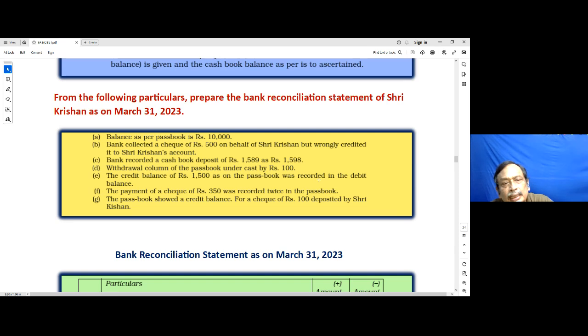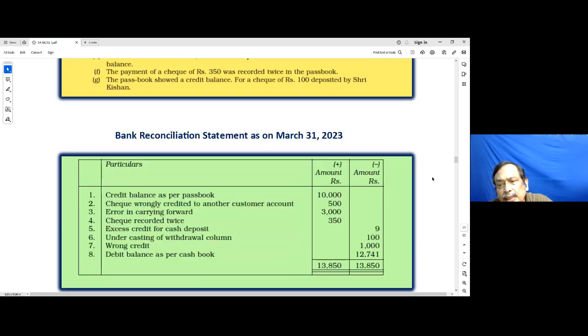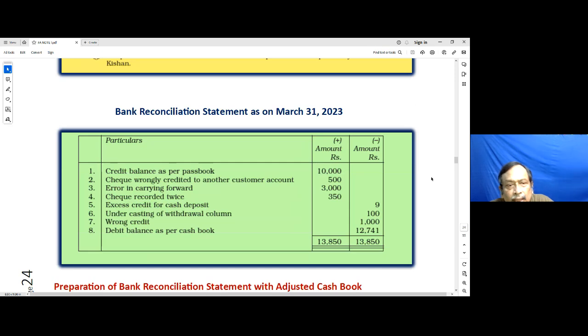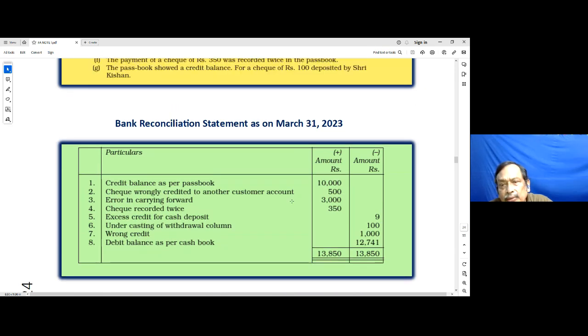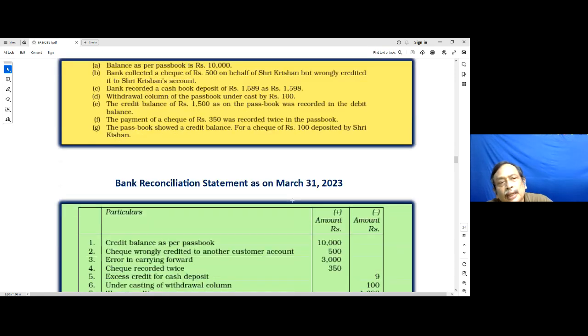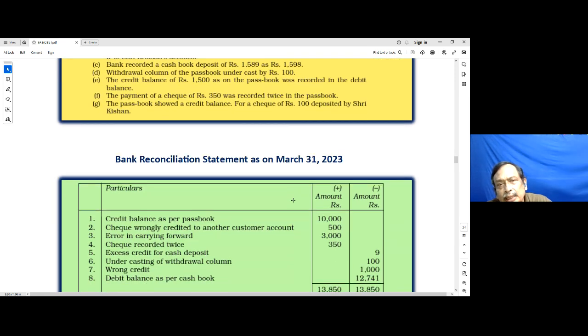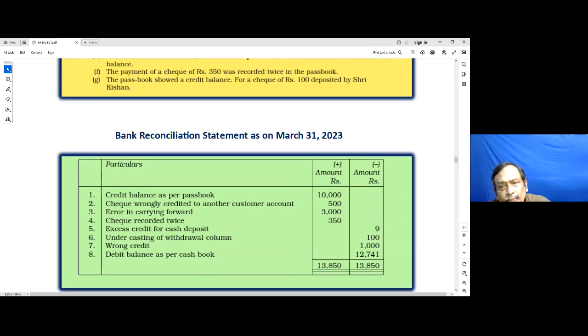Again, the credit balance of rupees 1500 as on the passbook was recorded in the debit balance. So there will be a double effect, that is error in carrying forward, that is 1500 plus 1500, that is 3000. The payment of a check of rupees 350 was recorded twice in the passbook.